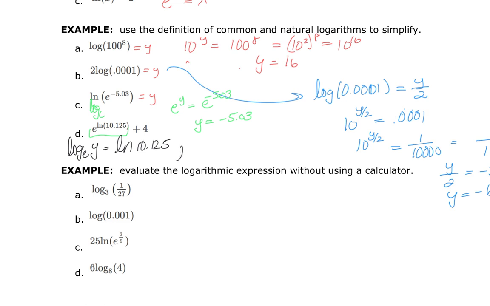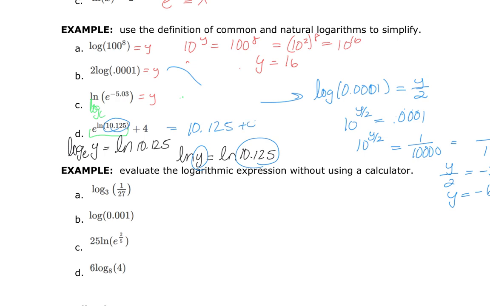However, the log base e is just the natural log, so the natural log of y is equal to the natural log of 10.125. And this is only true when this and this are equivalent. That's the only time it's true. So when I see e raised to the log base e, it is simply going to be whatever this value is. So this is going to be equal to 10.125 plus 4, which is 14.125.